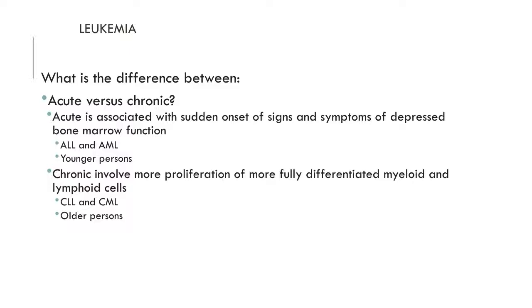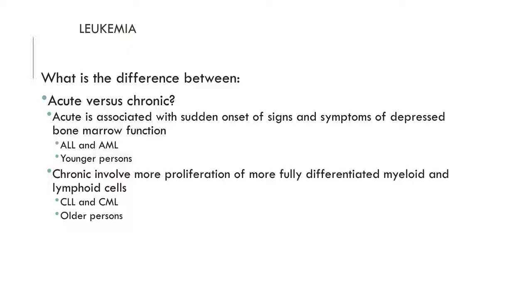So what's the difference between acute versus chronic? Well, acute is associated with a sudden onset of signs and symptoms of depressed bone marrow function. So we see that with acute lymphocytic leukemia or acute myelocytic leukemia.